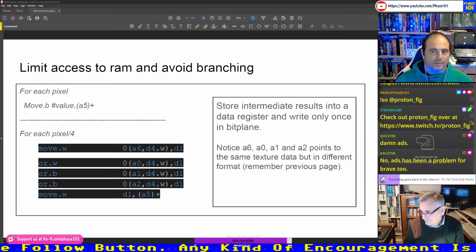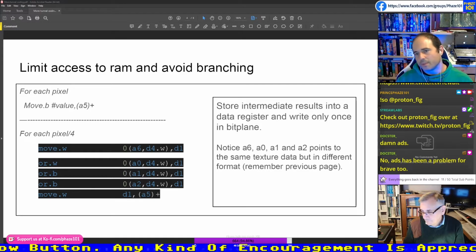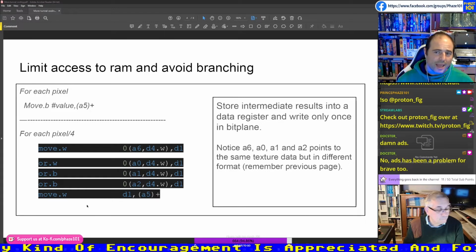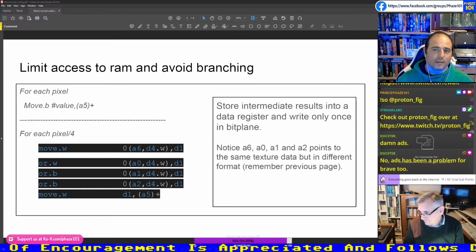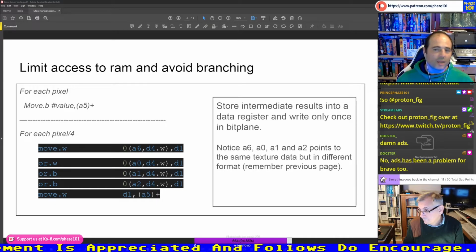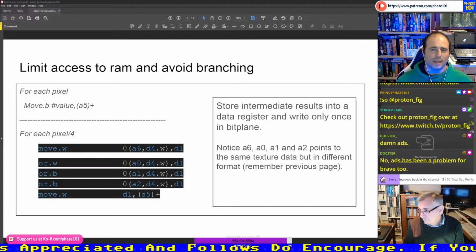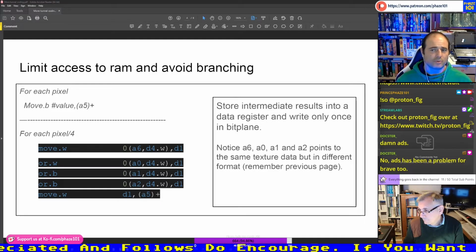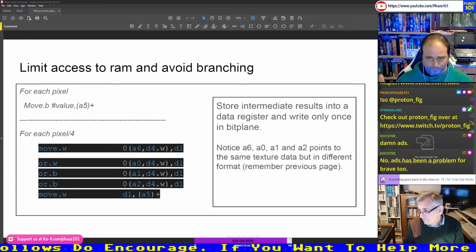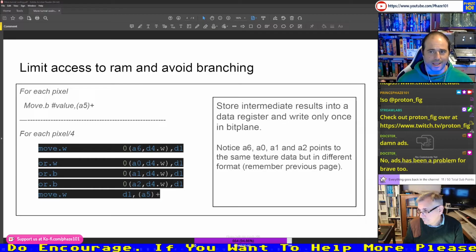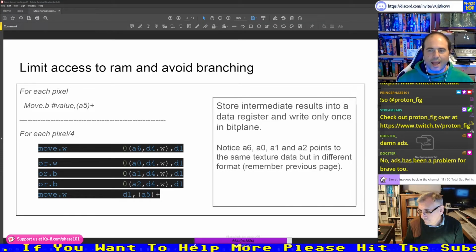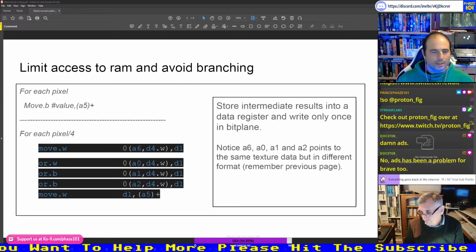Previously, the idea was go fetch the pixel. Is it black? Yes. Then in a particular byte of the bit plane, put F, for example. Otherwise, you just put 0. So CLR or move.b immediate 0. That was the idea. So for each pixel, I had to access the memory.